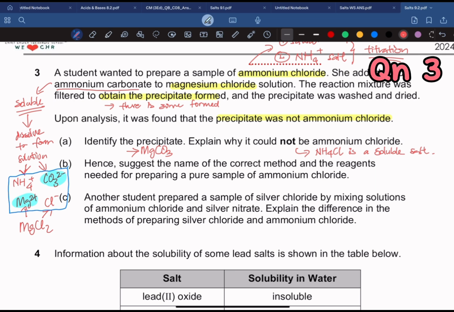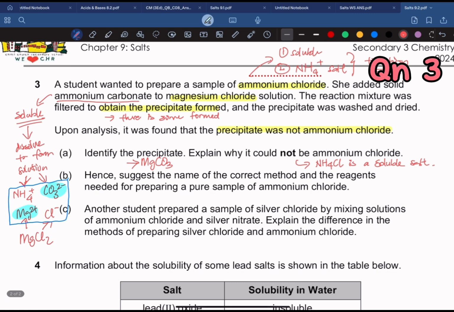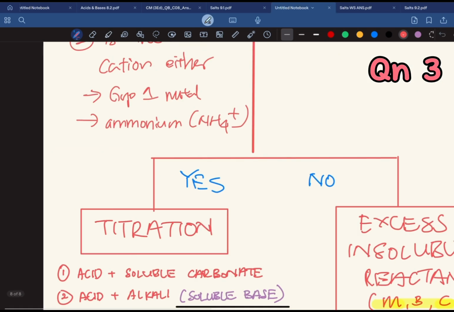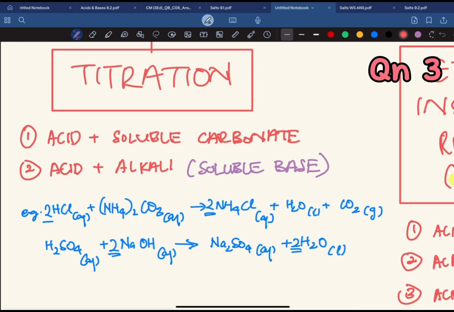Okay, so we suggest the name of the correct method which we have done so far. We know there is titration and the reagents needed. So here, for the reagents needed, I can use my ammonium carbonate, (NH4)2CO3, which is a soluble carbonate. But I also need my acid here.